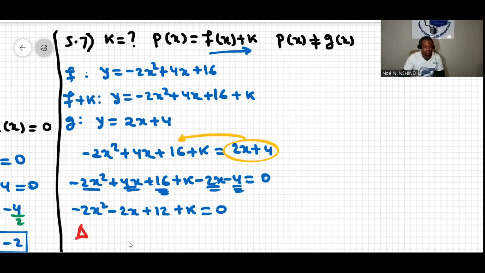Delta, because this is a quadratic equation. It won't have a solution, it means they won't meet, okay? So if the discriminant delta is lesser than 0, and delta is given by b squared minus 4ac, we're going to set it lesser than 0.